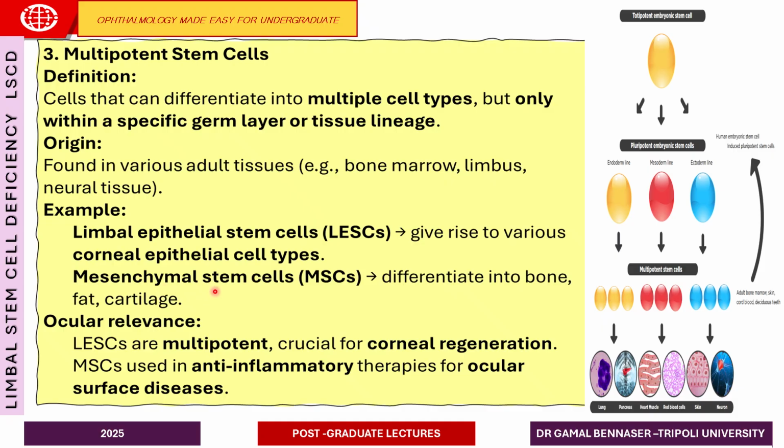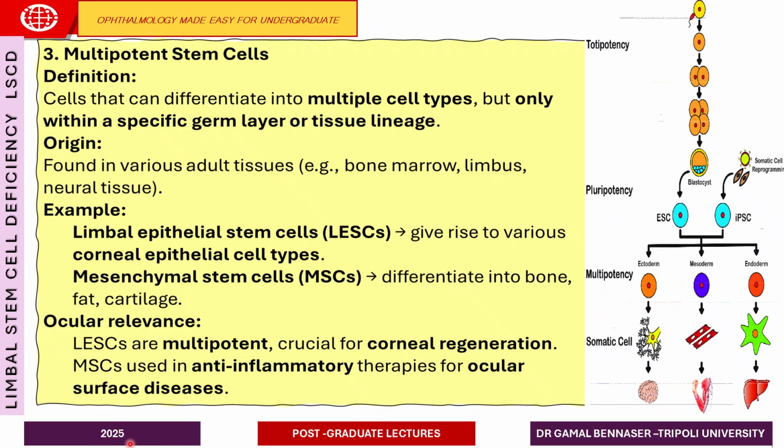Normally these cells will form the bone and the fat and the cartilage. So as the name implies, multipotent cells form multiple different cell types, but within the same tissue lineage or within a specific germ layer. Now, regarding ocular relevance, as we said, the limbal stem cells are multipotent stem cells that help in corneal regeneration, and the mesenchymal stem cells are used as anti-inflammatory therapy in ocular surface diseases.